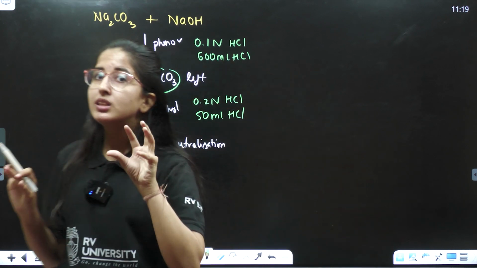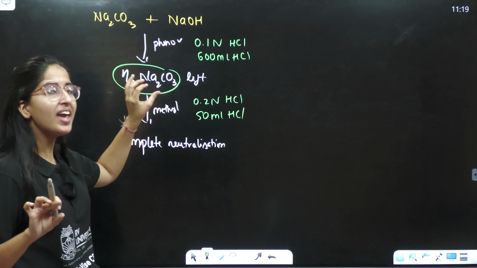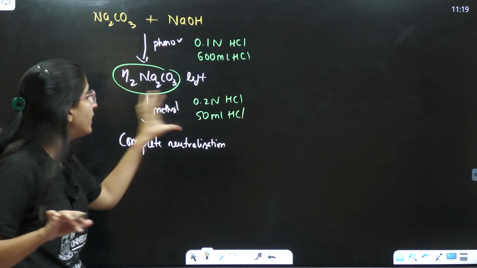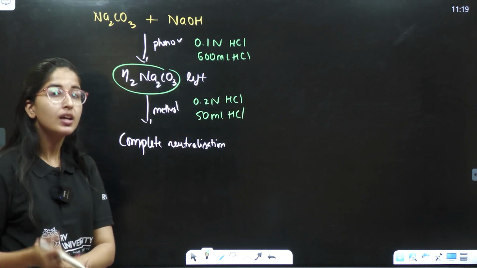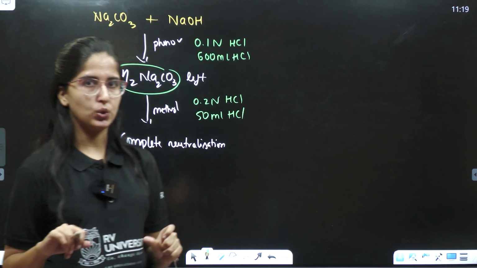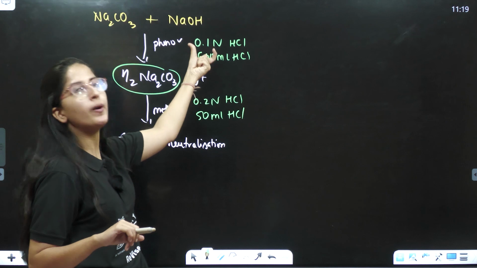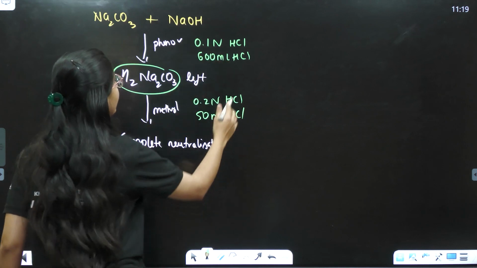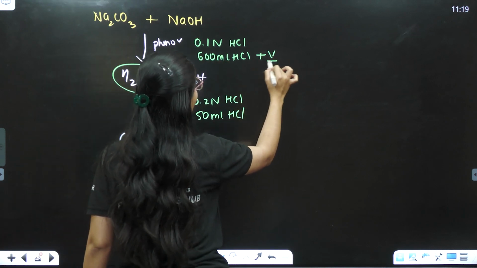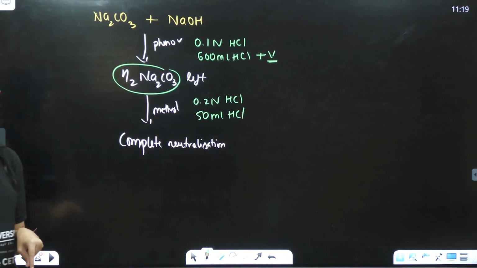Correct? Now, this is the extra amount of HCl required for complete neutralization. Suppose I ask you, if the normality of your HCl is 0.1 normal only, how much extra volume of HCl you have to add for complete neutralization?